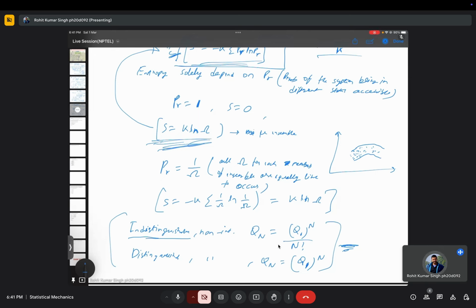Suppose you have an ideal gas, you can choose a single particle, so Q1 will be the partition function of that one particle. This will be clearer when we solve the problem. Okay, so let's go to the problem.